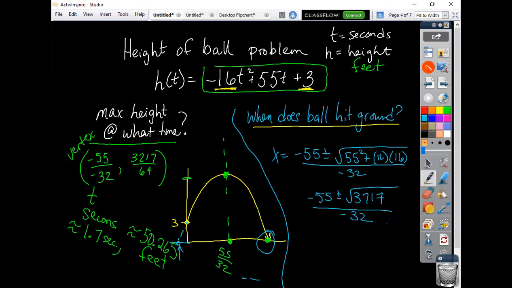Now in this problem, the first time I did this when I didn't have the volume on, I was thinking that the minus would give me the smaller answer, but in this case, because the minus is going to be negative divided by a negative, it's actually going to be the larger answer in this situation. So let's just check it out. Negative 55 minus my square root of 3217, that looks like a 7.